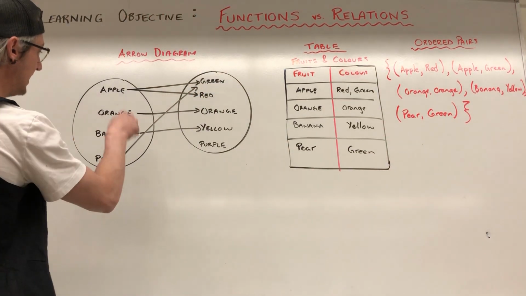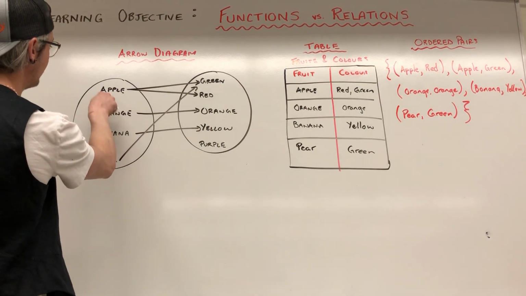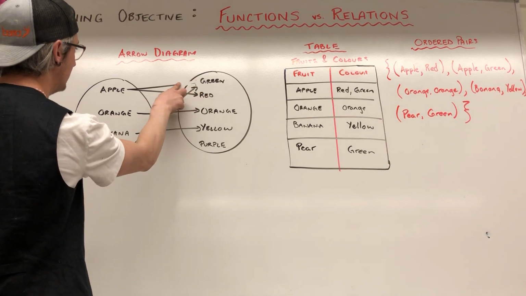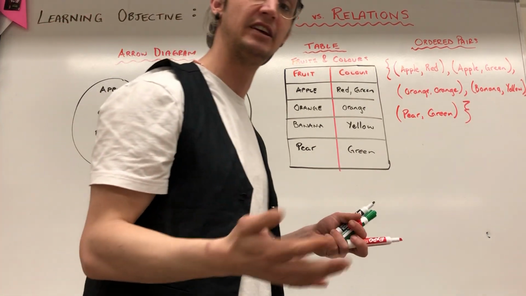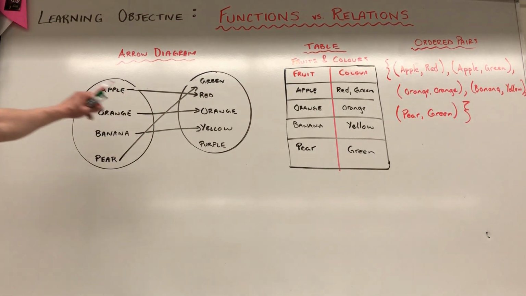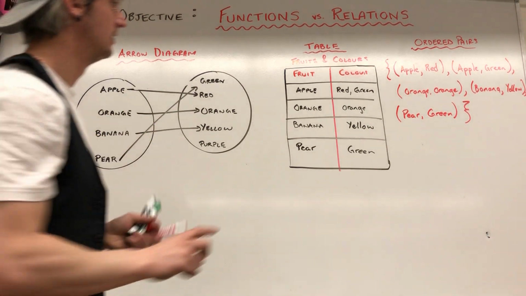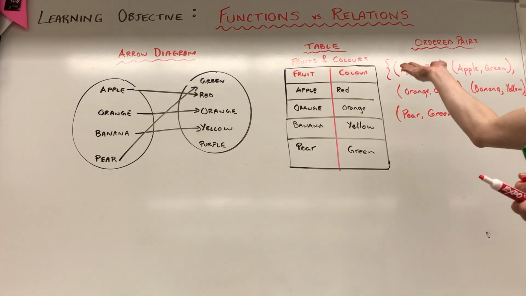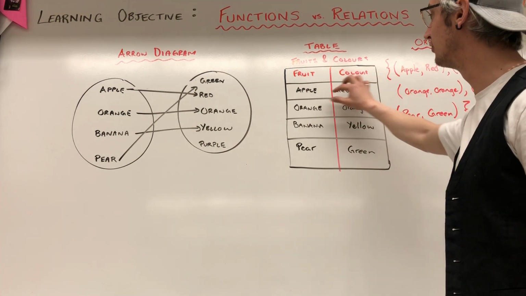So to make this a function, I would have to get rid of the situations where I have any inputs that have more than 1 output. Obviously I would never manipulate data, that's unscientific, but just to represent this. In this case now, this is a function because I only have 1 specific output for each input, okay? Now, it's not to say that I can't have the same output for 2 different inputs.